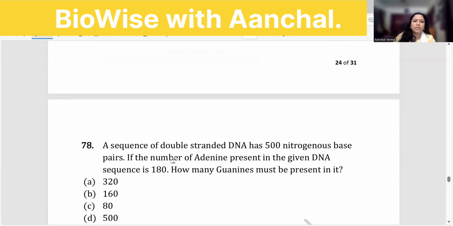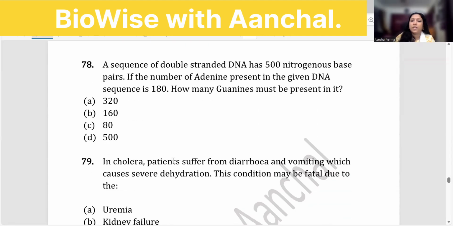So moving to the next, a sequence of DNA has got 500 nitrogenous base pairs. If adenine present is given as 180, so simple, you just have to minus it. 500 nitrogen base pairs. Pairs means there are total 1000.